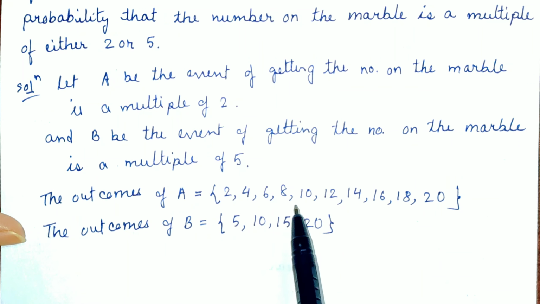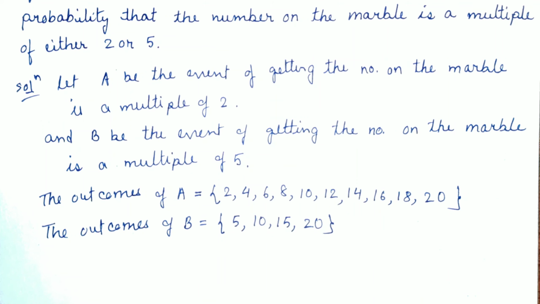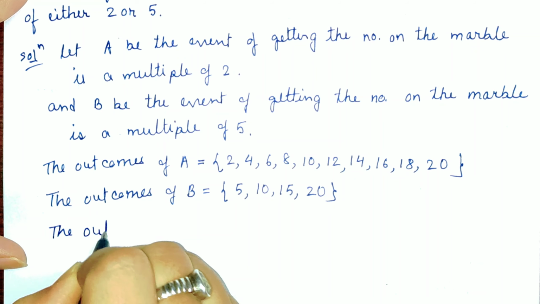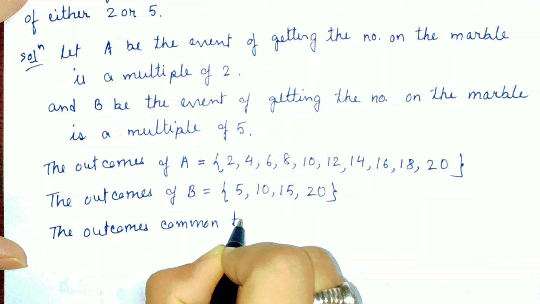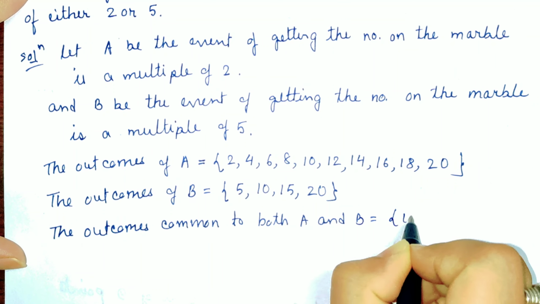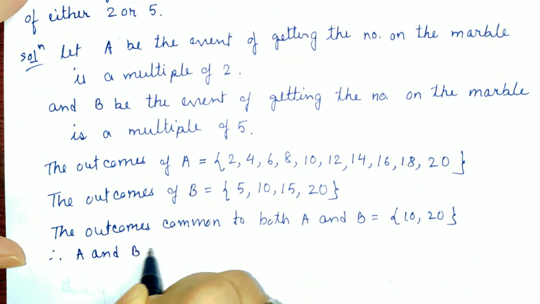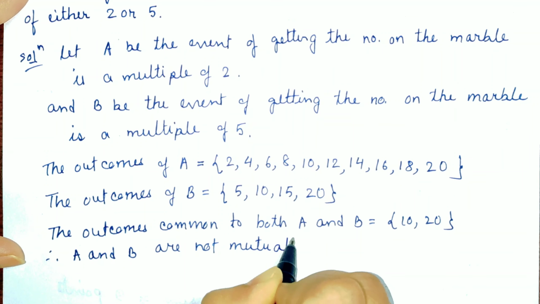If you compare the outcomes of A and B, you can see that 10 and 20 are common to both events. Therefore, A and B are not mutually exclusive. The outcomes common to both A and B are 10 and 20.